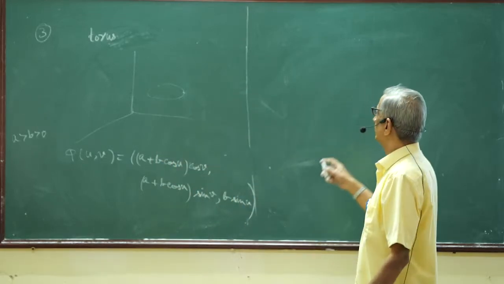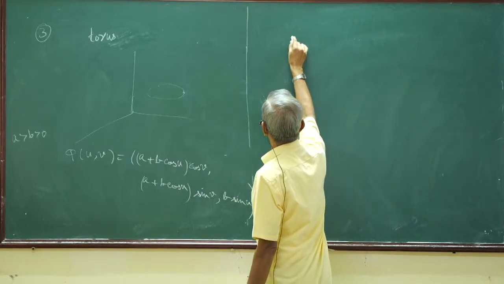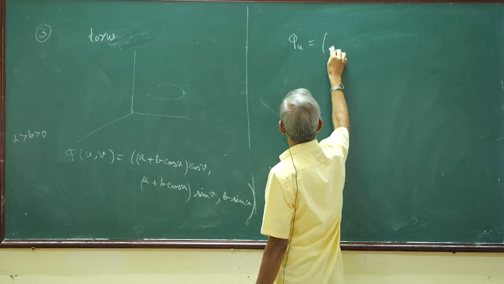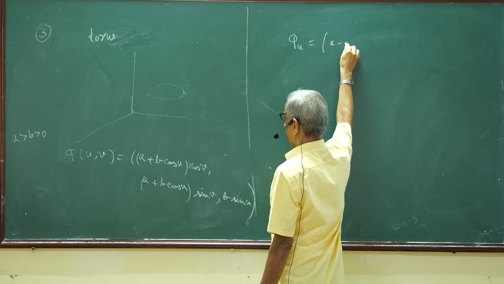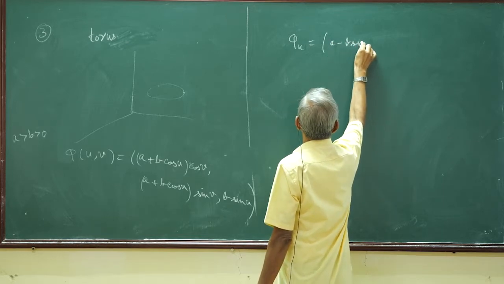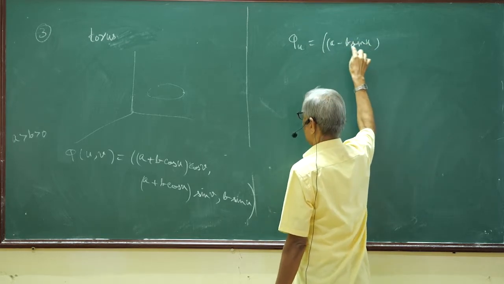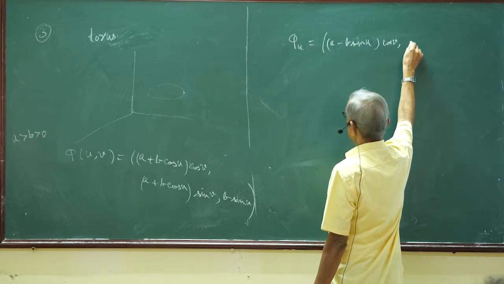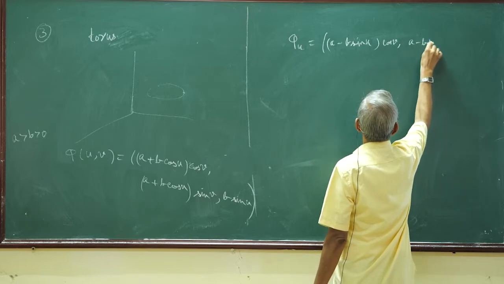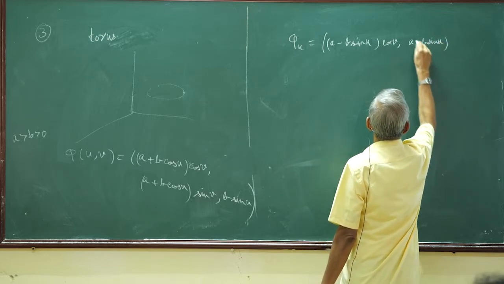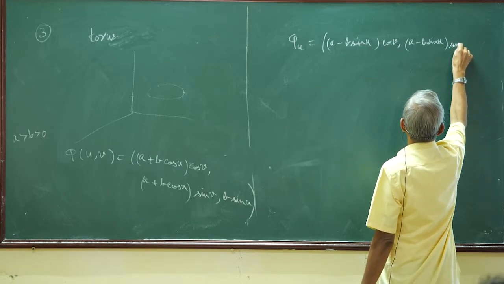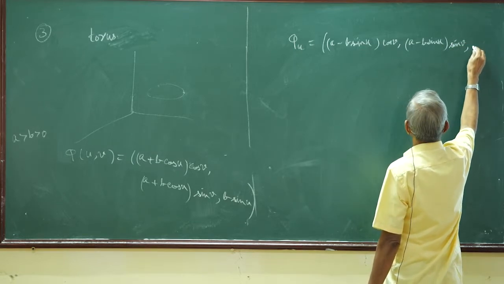Okay, phi_u is (a - b sin u) cos v, (a - b sin u) sin v, b cos u.